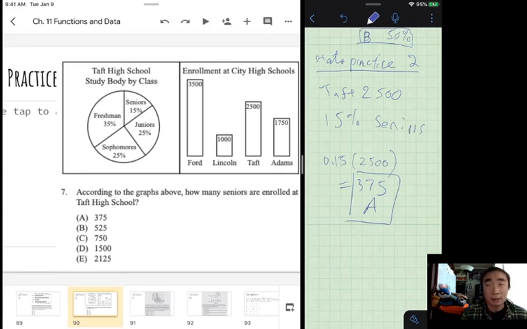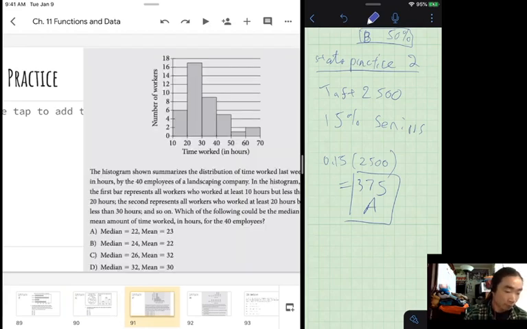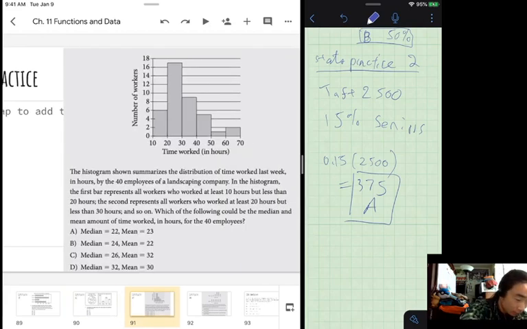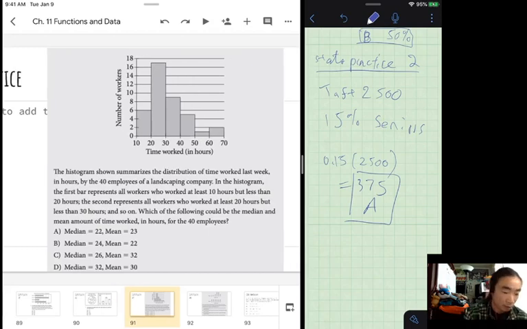So you see, with statistics, a lot of it is the visual, right? And then it sets up the word problem later. This one's a little bit more complicated. Shift it over a little bit so you can see it.